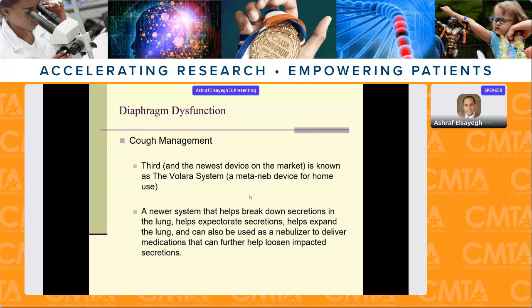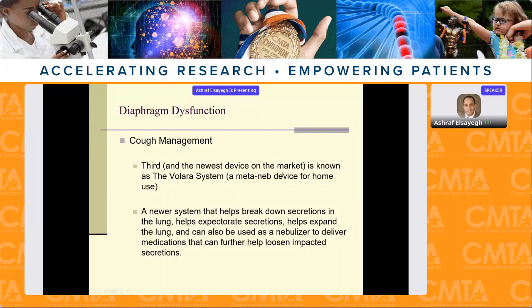It may have been earlier, but it's a relatively new device, and it's also an old device. What I mean by that is we've had this system in the hospital for over 10 years now, and we use it in hospitalized patients, and it works very well. In the hospital, it's called a MetaNeb.